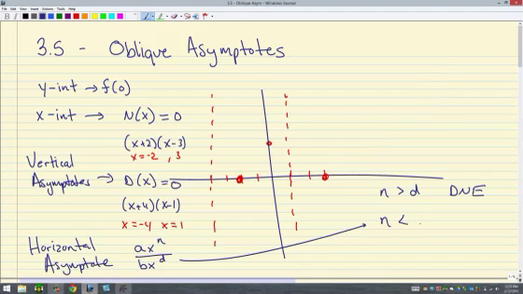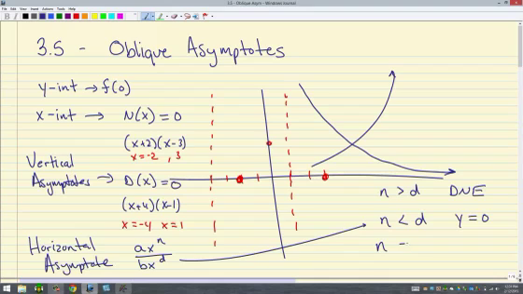If n was less than d, then the horizontal asymptote was at y equals 0. And so this was a graph, it didn't go up to infinity like the first one. It came down from infinity and it approached the x-axis and it kind of hugged that x-axis. If it turned out that n was equal to d, then your horizontal asymptote was at the coordinate a over b, which came from the lead coefficients of the polynomials in each, the numerator and the denominator.